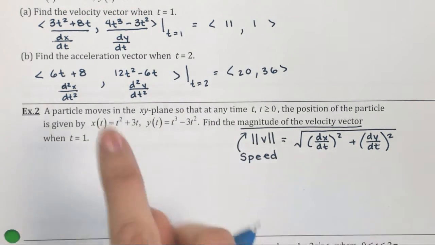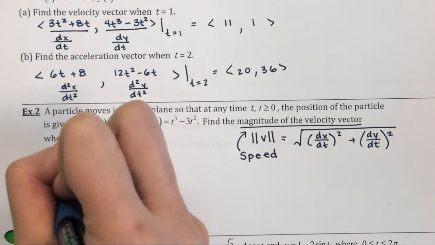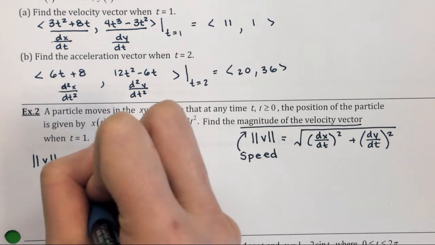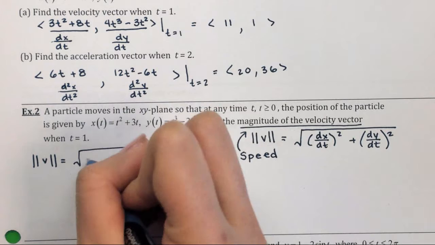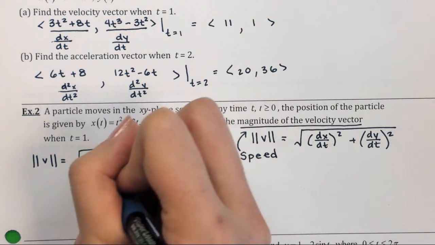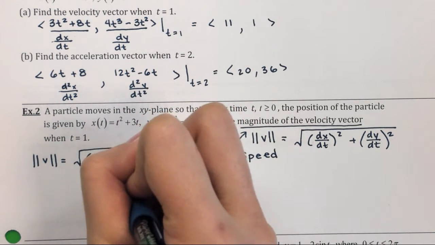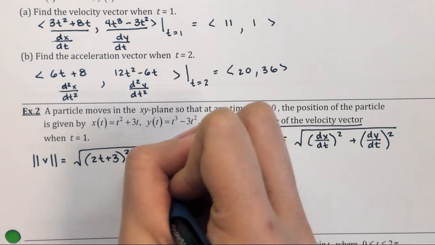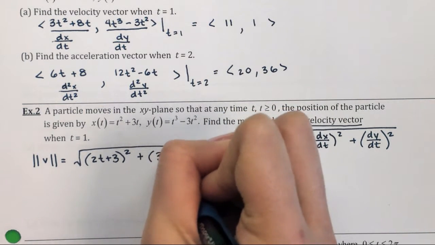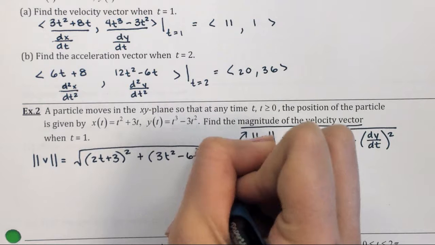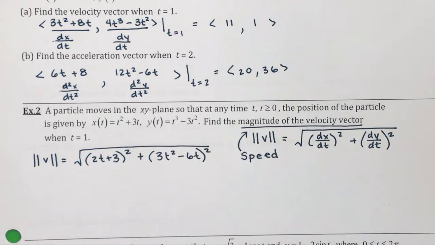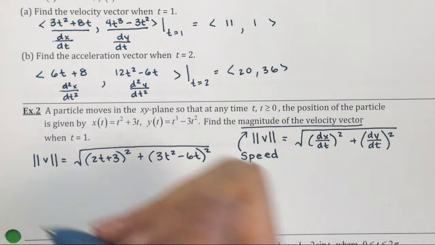Okay, so let's find the magnitude. Magnitude of the velocity vector is the square root of dx/dt, which is (2t plus 3) squared, plus dy/dt, (3t squared minus 6t) squared. Okay, you want to find it when t equals 1.